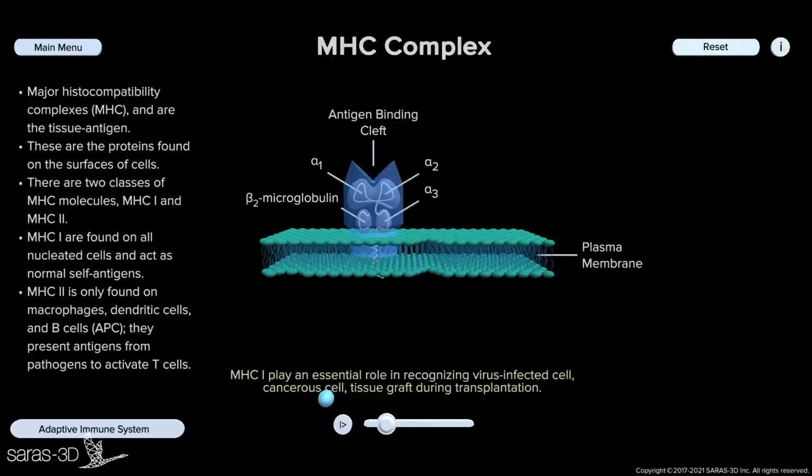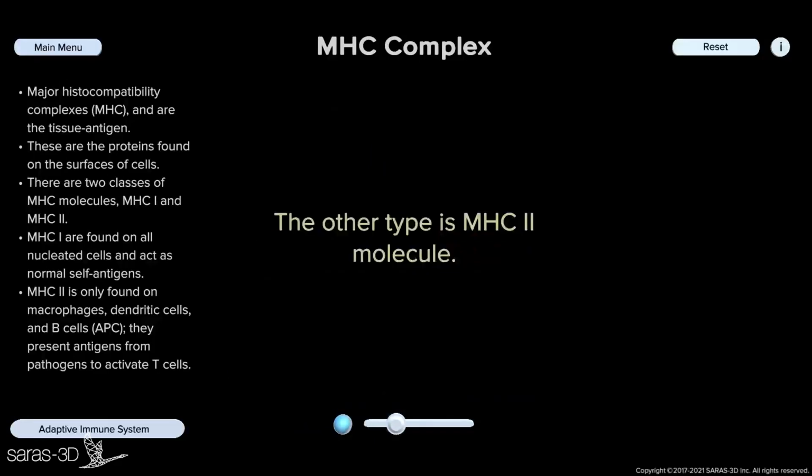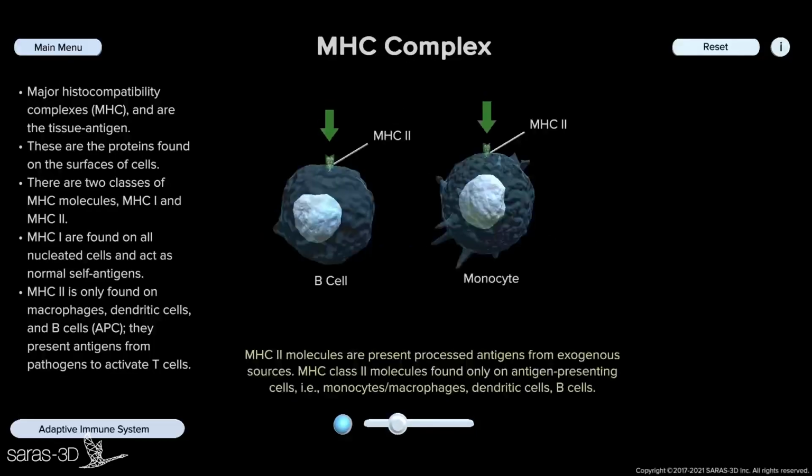Cancerous cells alter the working of a typical cell, and tissue graft during transplantation also involves the replacement of a donor's tissue within the body. So basically MHC1, apart from identifying the cell, also helps in recognizing virus infected cells, cancerous cells and tissue grafts. The second type is MHC2 proteins.